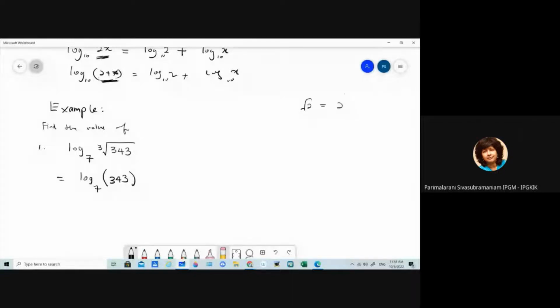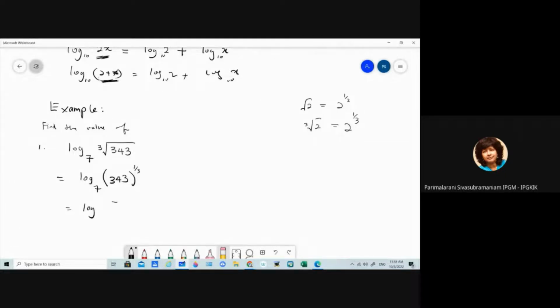This is how we convert. So we can also write this as 343 to the power of 1 over 3. And 343 is also equivalent to 7 to the power of 3.